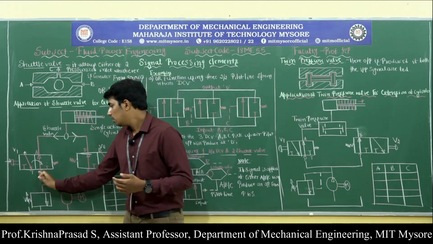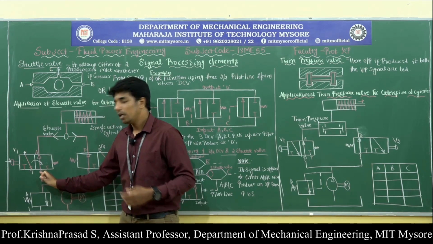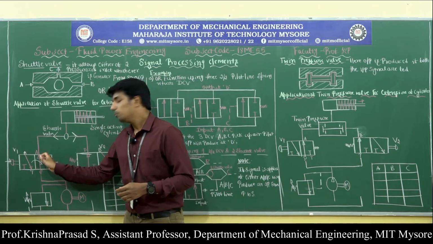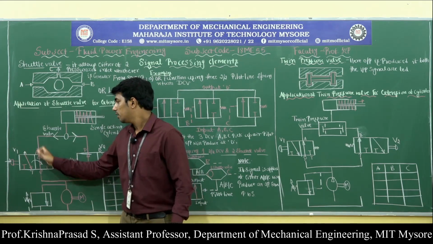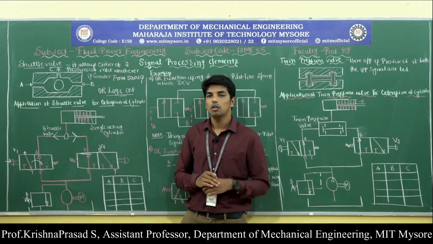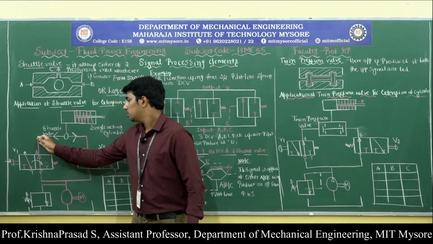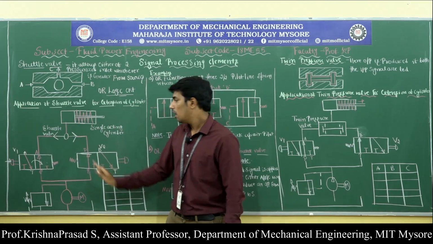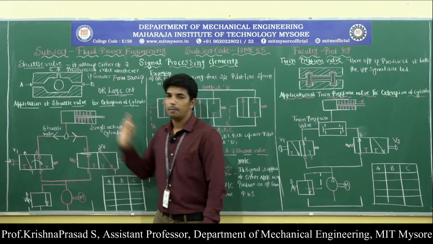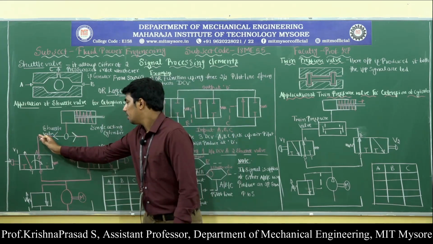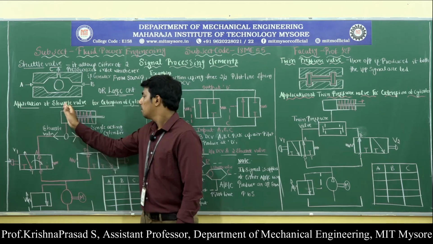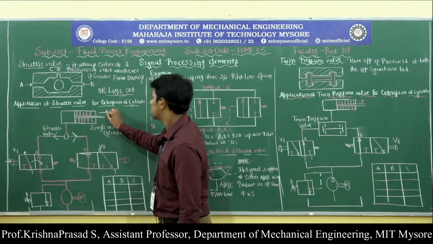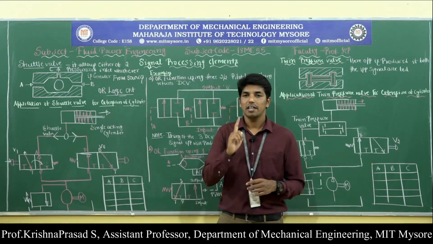Now the compressed air will flow from the inlet port P to the outlet port A. Then the compressed air from outlet port A enters the shuttle valve. This compressed air allows the ball to shift towards the right side, and this will block the inlet port B. Then the compressed air moves into the blank end of the single acting cylinder, and this extends the cylinder. So this is case number 1.